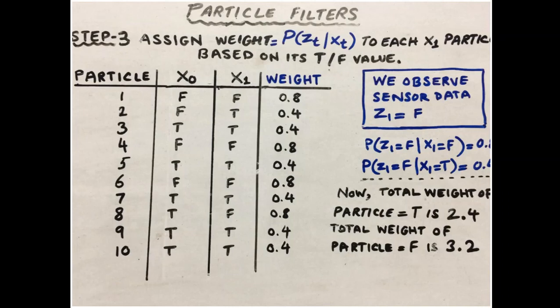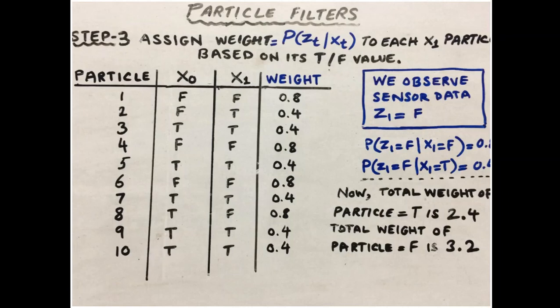And you can calculate the other two probabilities when the sensor output is true by yourself by subtracting these probabilities from 1. And so we're going to look at the column x1, and wherever you see false you will put 0.8 against the weight, and wherever you see true you are going to put 0.4 as the weight, and you are going to fill up the whole table with the weights.